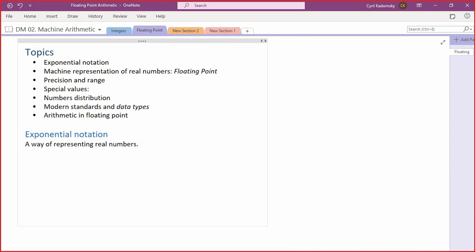And this particular way is used in all of modern computing. So exponential notation is a way of presenting real numbers. Real numbers are like, I know, 223.01. They can be fractional or whole. They can be negative and positive.